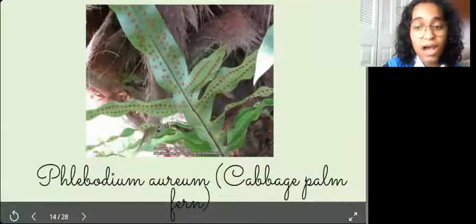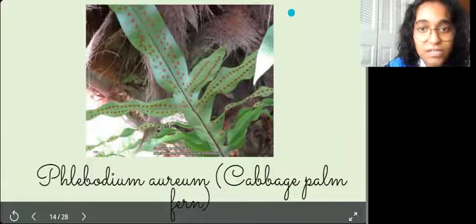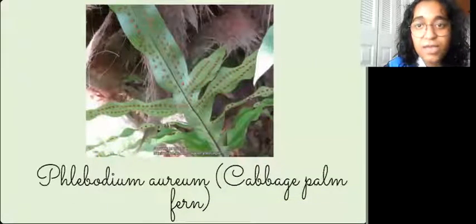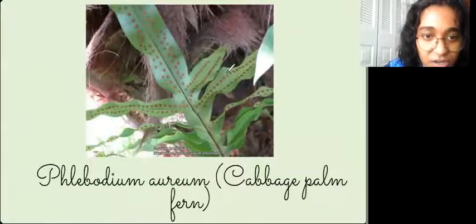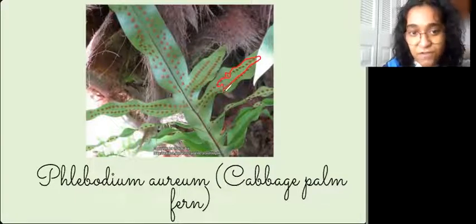So how can we identify this fern from the rest of the ferns? If you take a close look over here, let me annotate it for you. There are red circles or reddish brown dots all over the leaf. So this is how you identify this fern from the rest of the ferns.